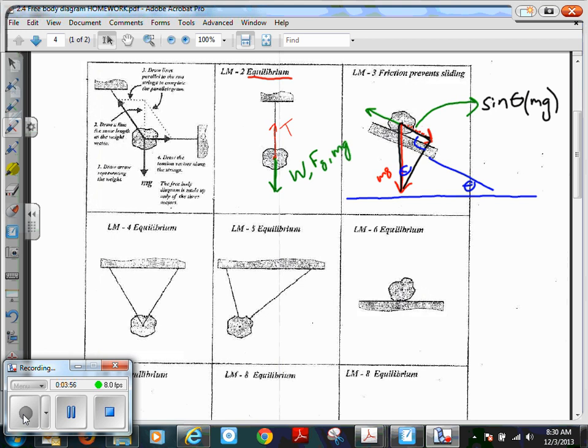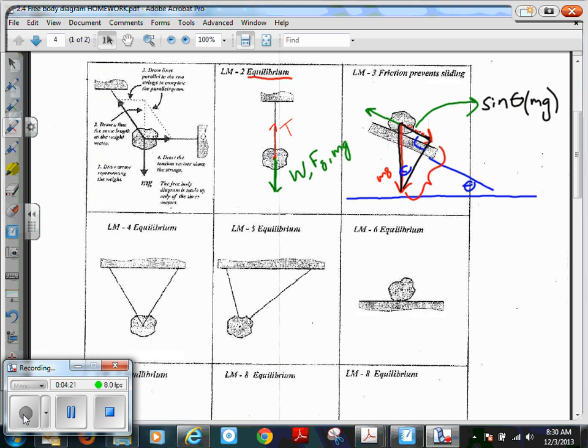Now, another thing that is being prevented here is this rock falling right through the surface. So what's that other force? That's called the normal force. The normal force is going to be equal in magnitude to that portion, because by definition the normal is perpendicular to the surface that the object is in.